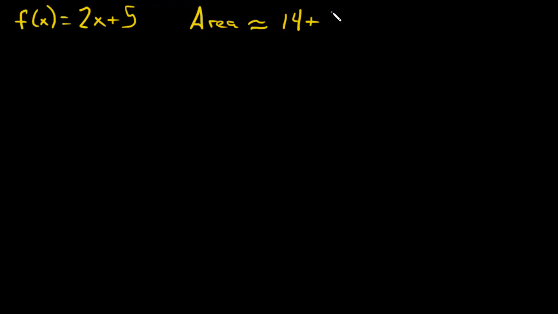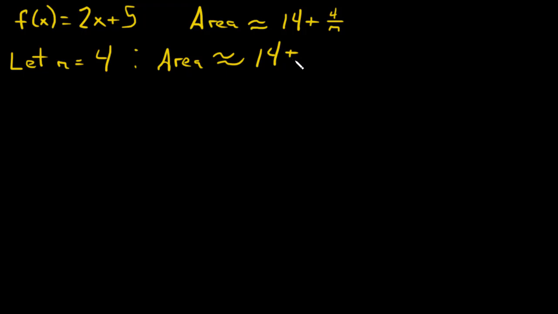Okay, 4 over n. Alrighty, so let's let n equal 4. So n equals 4, we're going to have the area is approximately equal to 14 plus 4 over 4, which is 14 plus 1, 15, which is exactly what we found when we added up the rectangles.